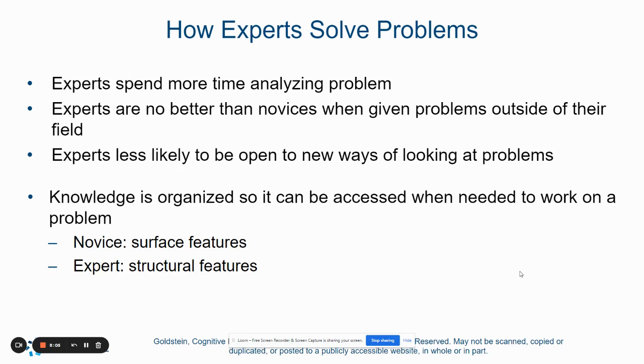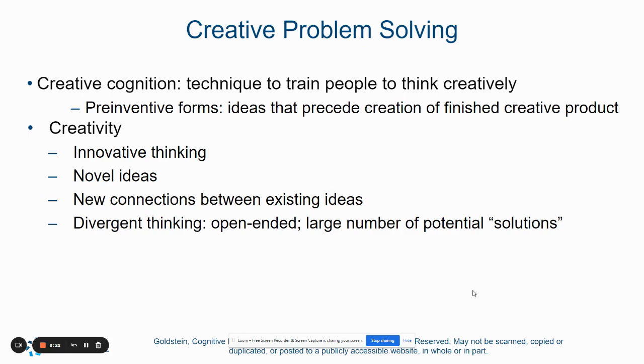They've probably already figured out those other ways don't work. Their knowledge is often organized so it can be accessed when needed to work on a problem. Somebody who is a novice may only look at surface features, and somebody who's an expert is going to look more at structural features.